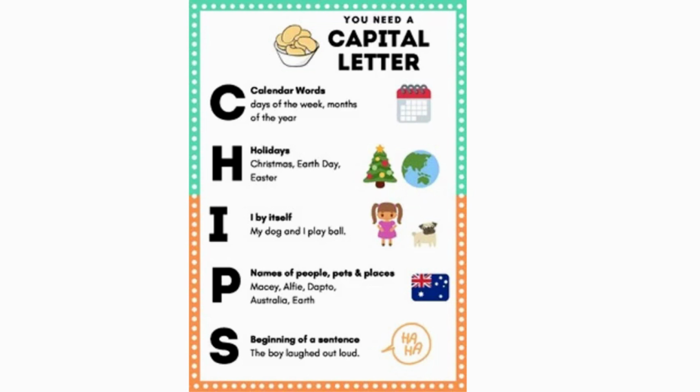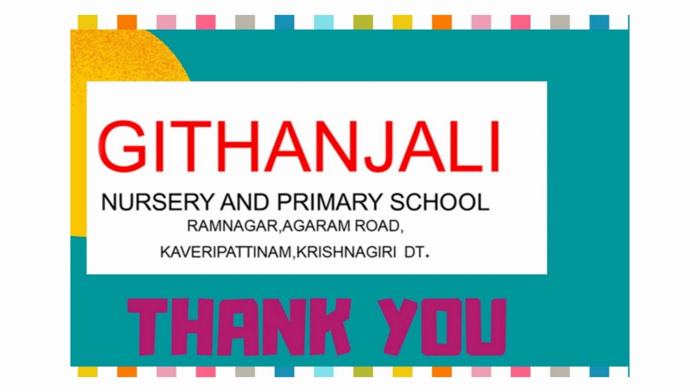When we say I, then you have to write I as capital letter between the sentence. When you use the name of a person, pet, and place, we use capital letters. And at the beginning of a sentence, we use capital letters.